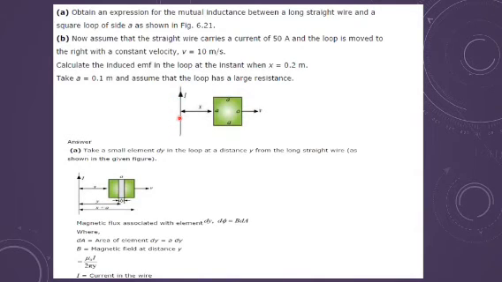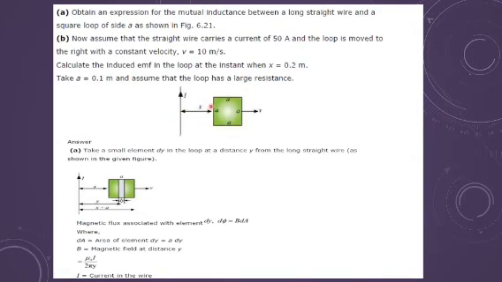They are taking a long straight wire through which the current I is passing and you have a square loop of side A each. It means current is passing through this straight wire and flux will be changing in this square of side A, whose one side is at distance x.